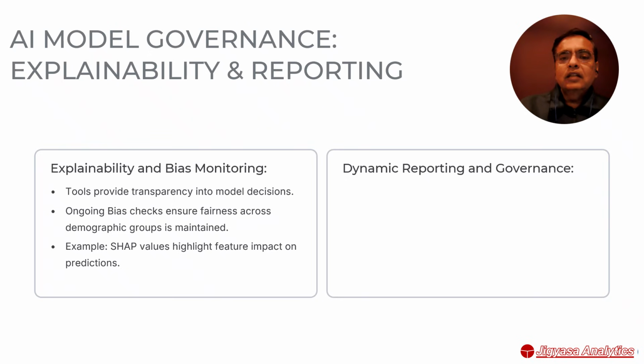And then there is the reporting component to this. There is a lot of automation and systematic documentation available, which can be done to make the model governance system a lot easier to manage.